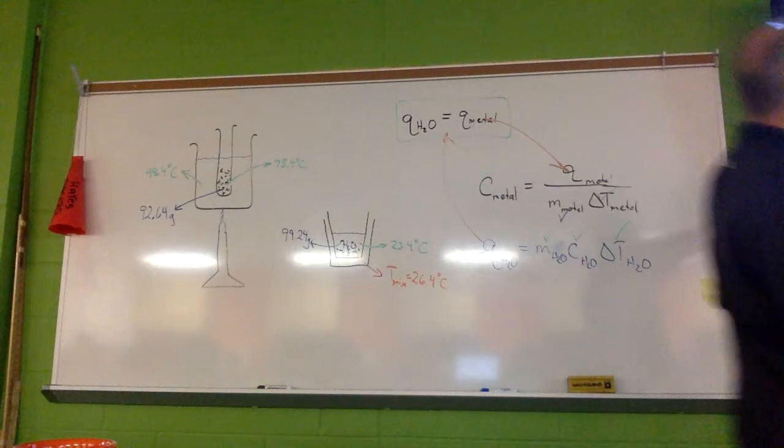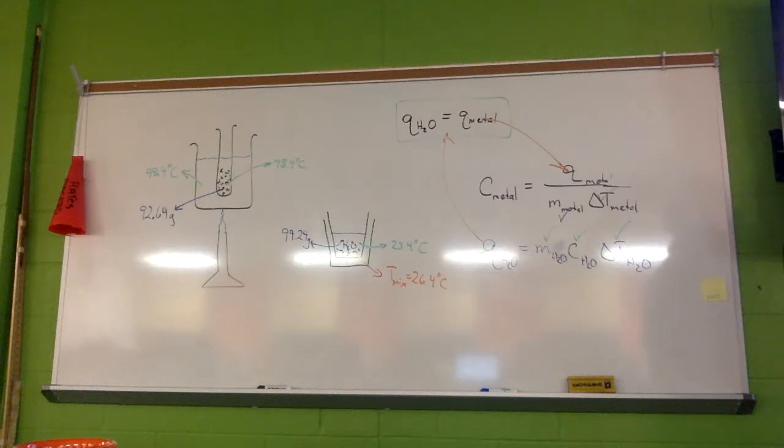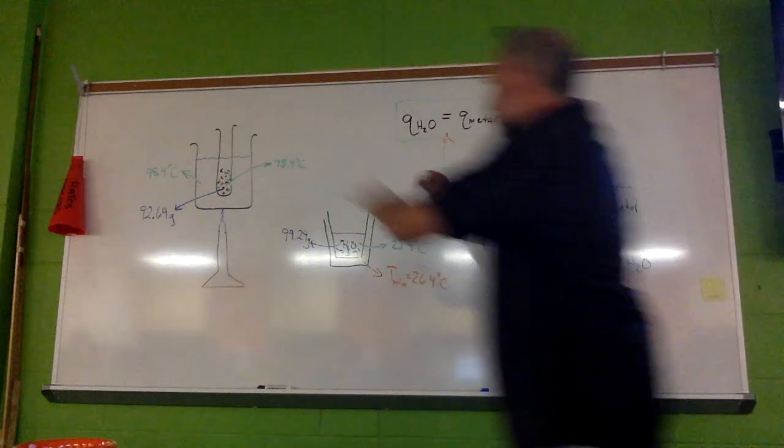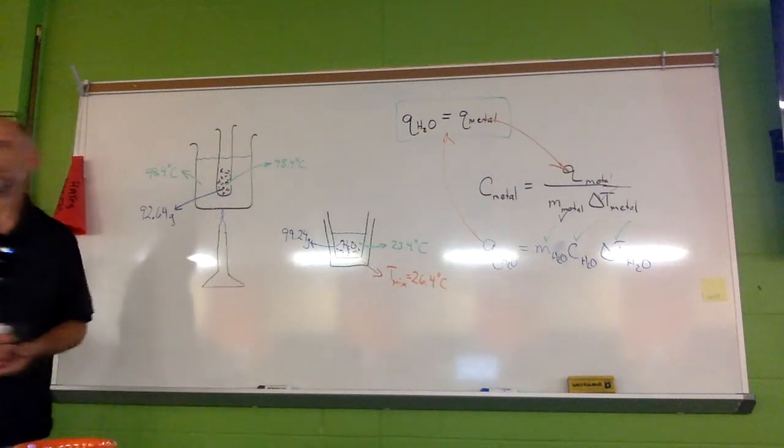We're trying to find the heat capacity of the metal, but we need to find the amount of energy that the metal had. So the only way we can do that is find the amount of heat that the water gained by using that information, and then transfer that value to right there, which is exactly what I did up here.